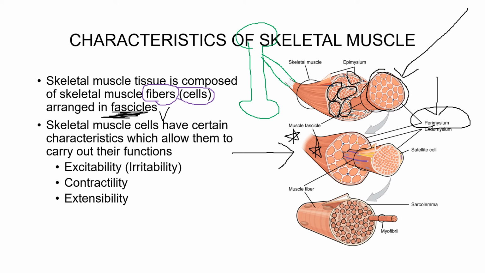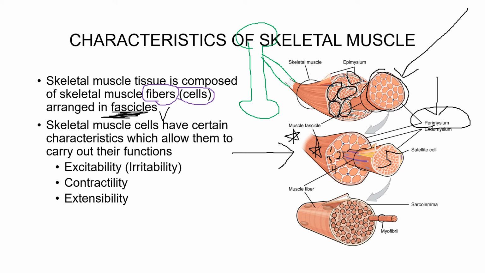And inside of the fascicles are individual muscle fibers. And once again, muscle fibers are also known as muscle cells. So I'm going to write some numbers. 1, 2, 3, 4, and then this will be 5. These are all different muscle cells. So several cells are wrapped inside of a fascicle.